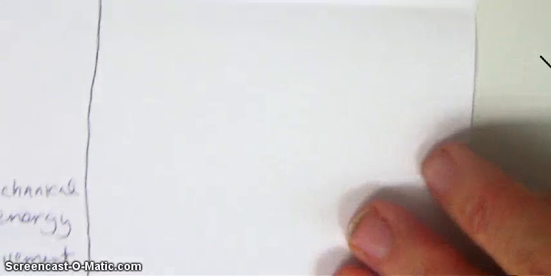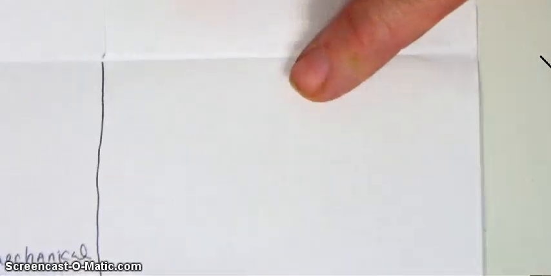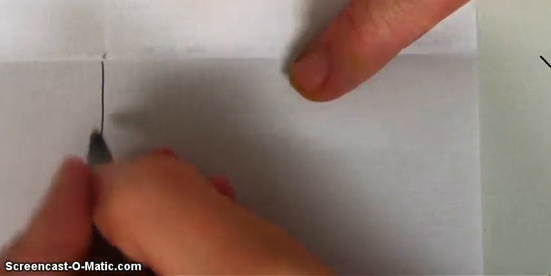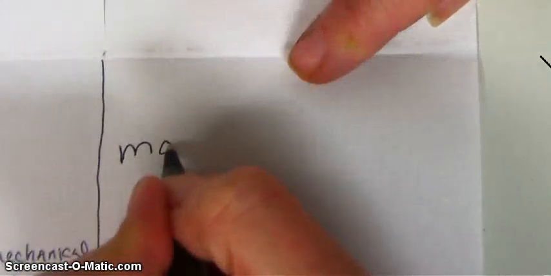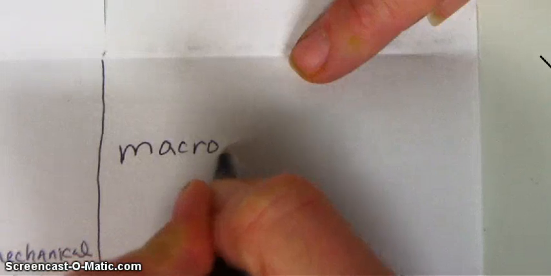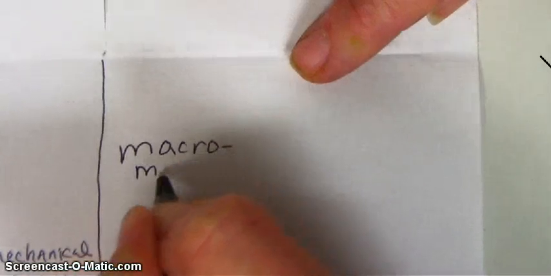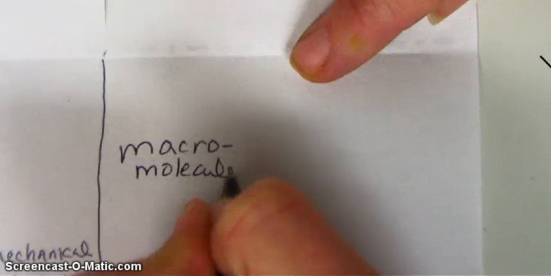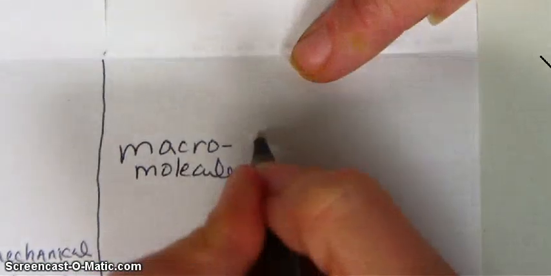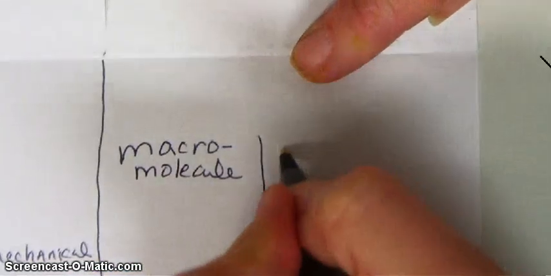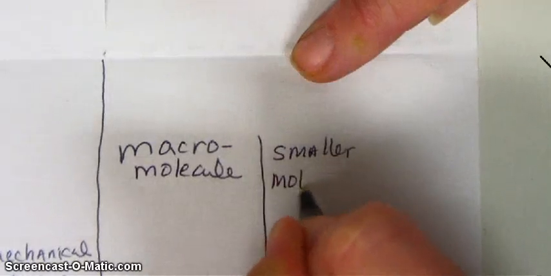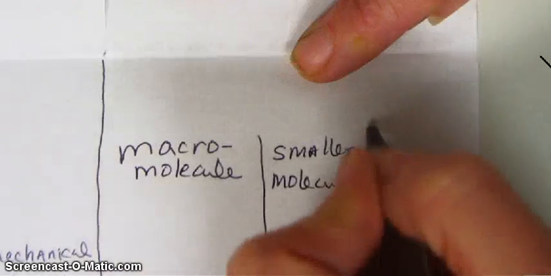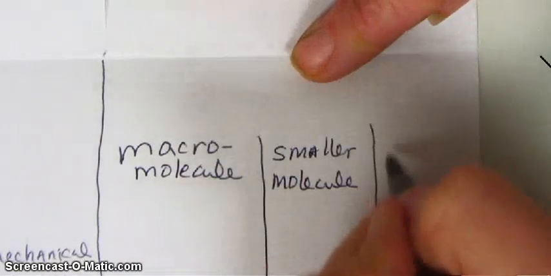For our foldable, we need something called a macromolecule, M-A-C-R-O molecule. Put a dash. The macromolecule, and then the smaller molecule, and then the element.